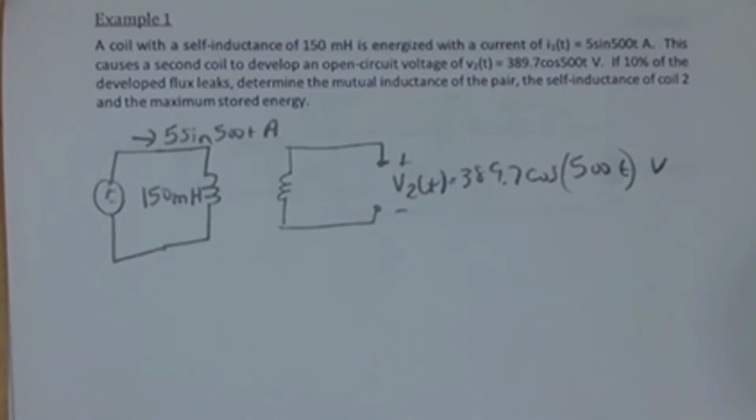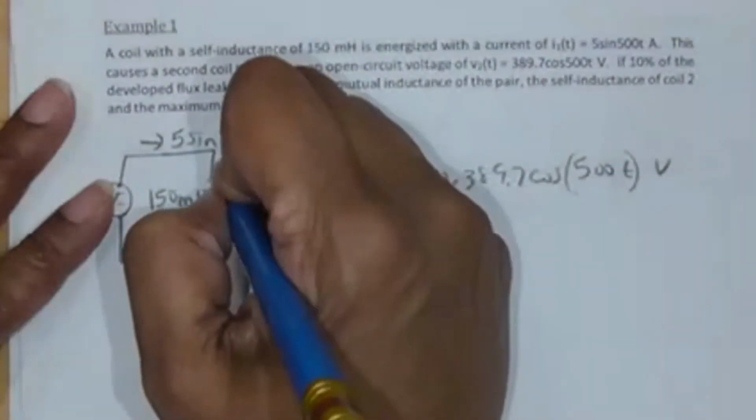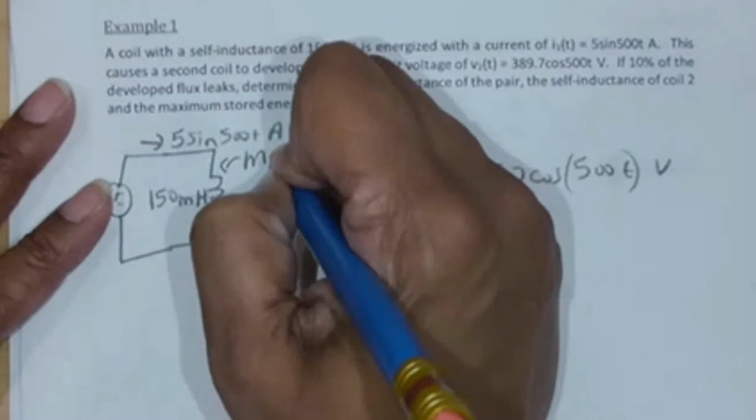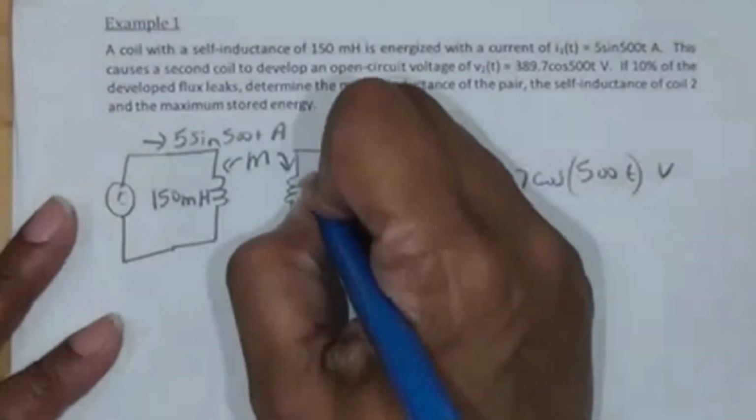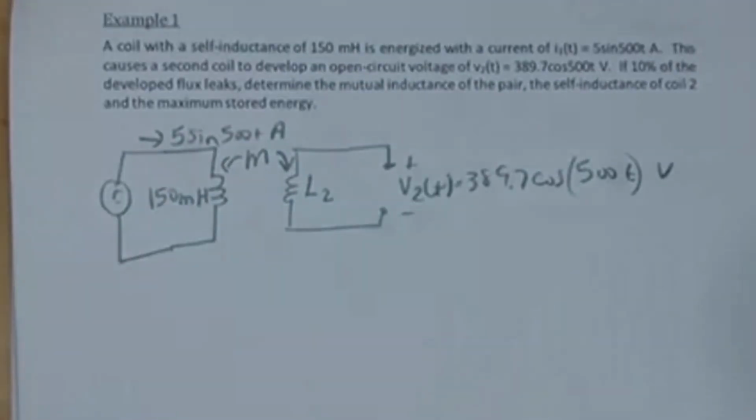If 10% of the developed flux leaks, determine the mutual inductance of the pair, I gotta find M, and the self-inductance of coil 2, I gotta find L2, and the maximum energy stored.